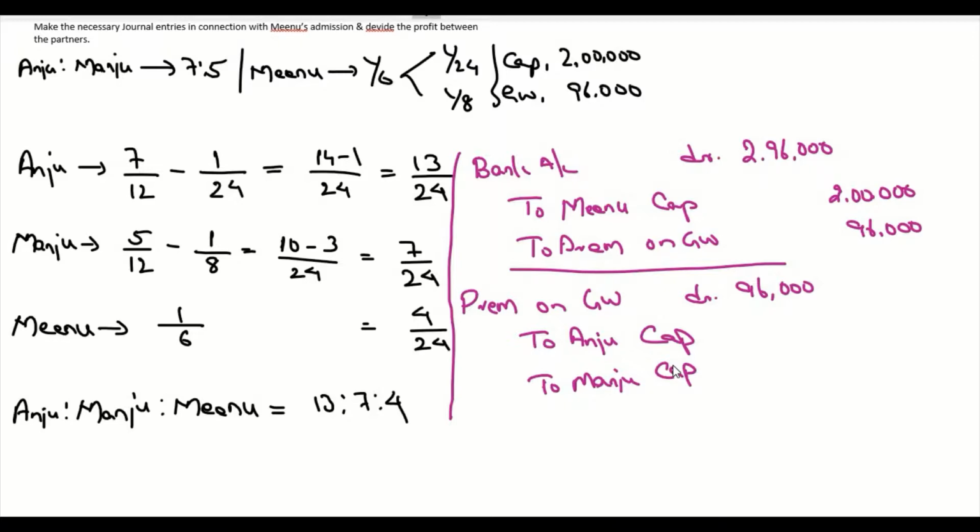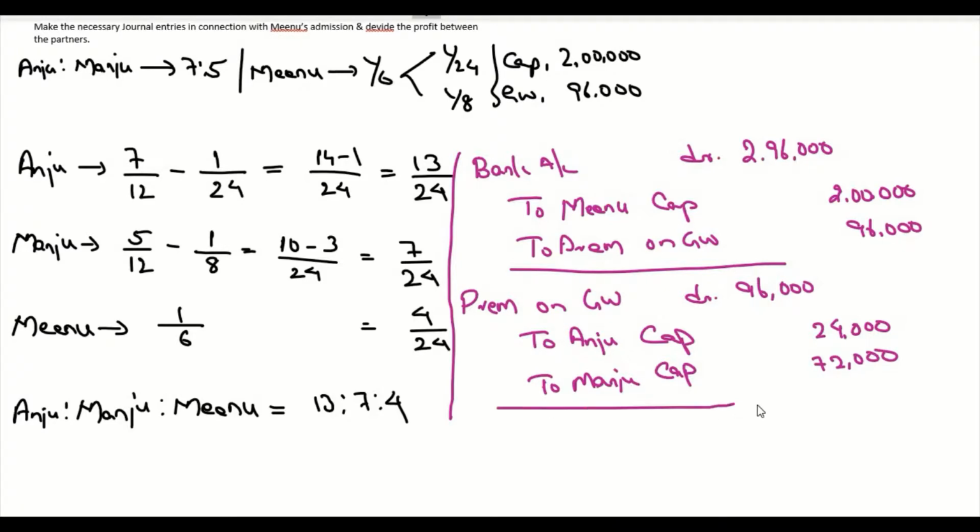So that's going to be 24,000 and 72,000. Okay, that's based on their sacrificing ratio.